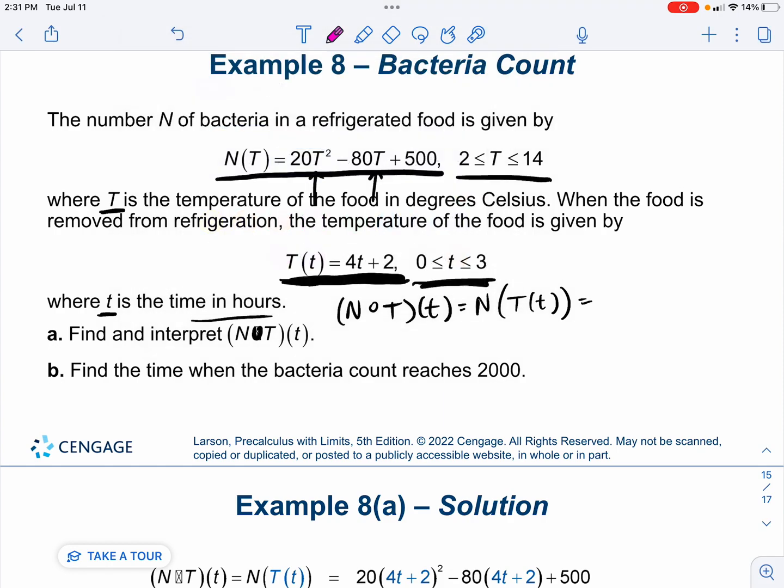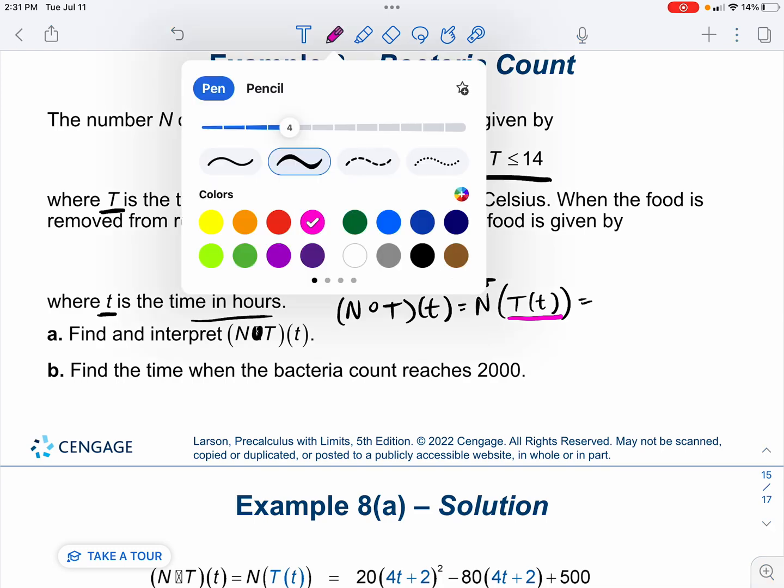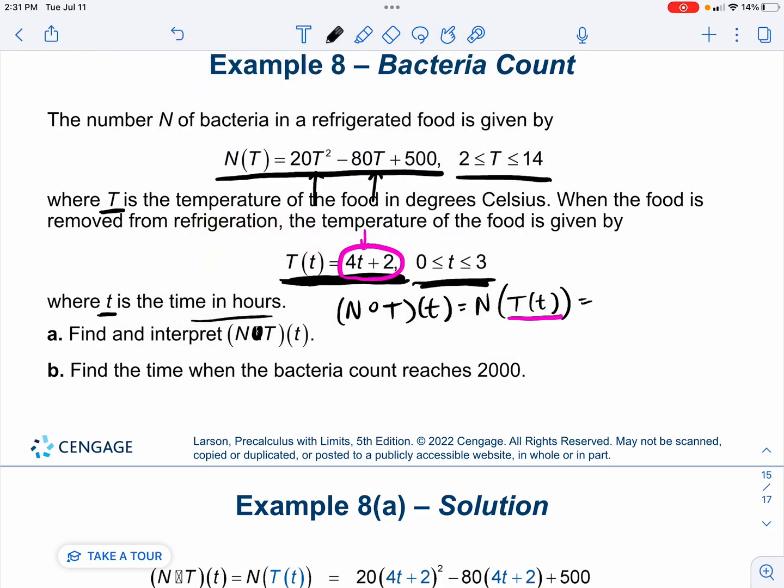So we will start with inside the parentheses, which is the capital T function. So you plug little t in for t, and you just get that function again. So that would be 4t plus 2. Then I have to take this function and plug it in for capital T here and here.